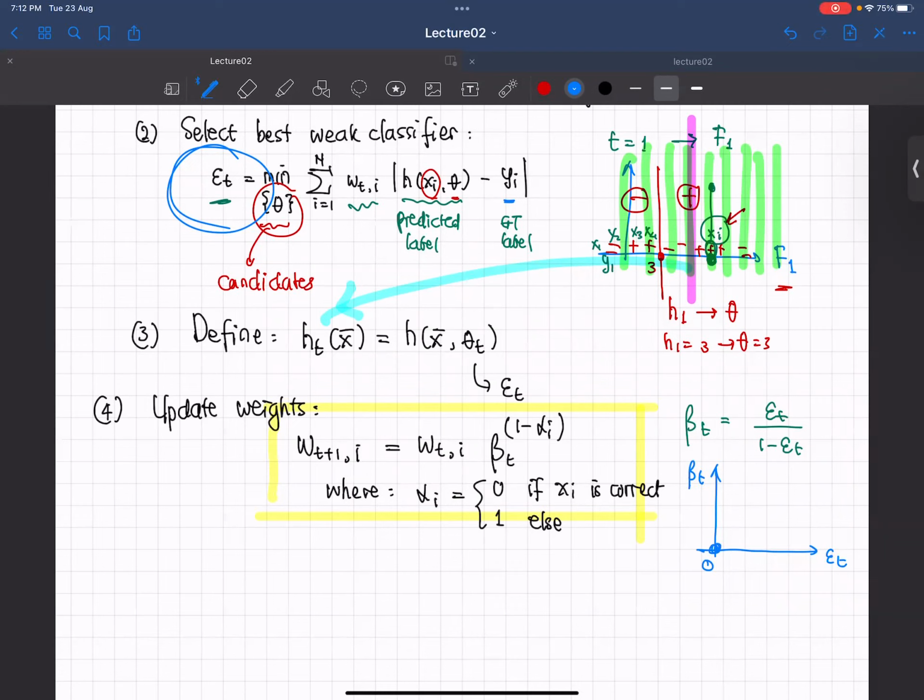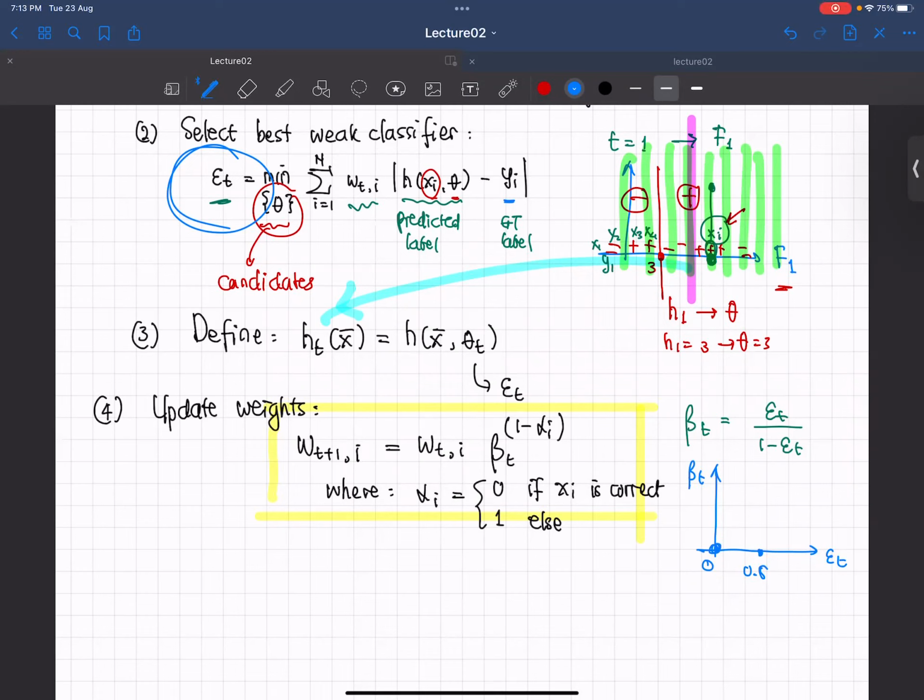Now, if epsilon equals 0.5, remember that epsilon is from 0 to 1 because we normalize with the W. What does 0.5 mean for the quality of your classifier?